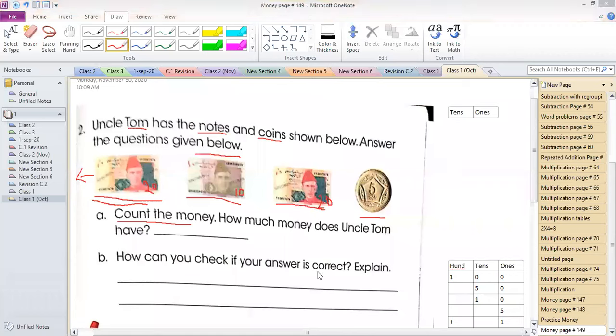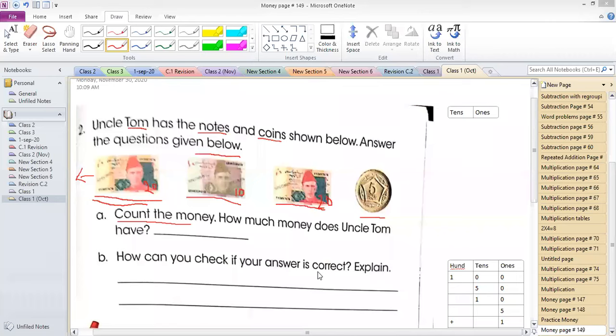Now we come to the coin. There is one coin and the coin has the value of dash. Amir, can you hear me? Okay.